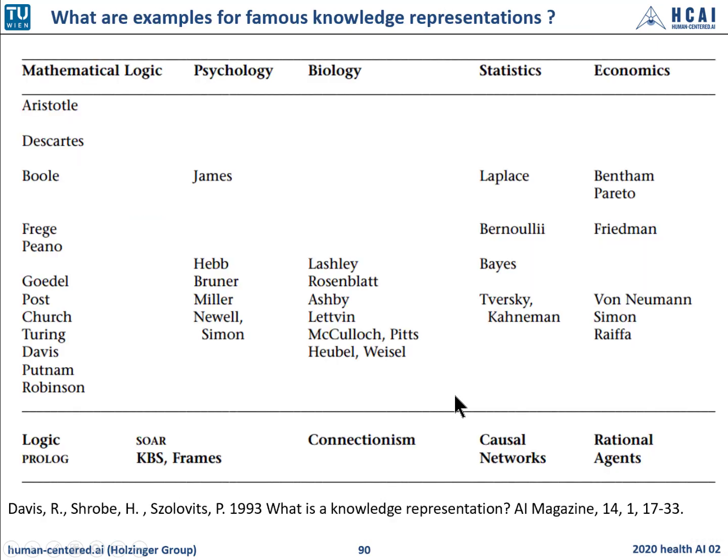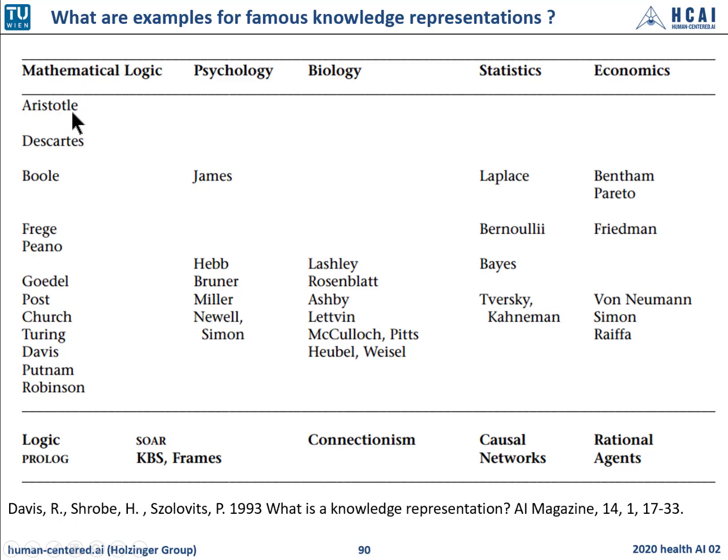So what are examples for famous knowledge representations? This is just an overview slide. This is, to be honest, an excellent table, and it shows you a good overview on different viewpoints. Here, for example, you have the McCulloch-Pitts, the foundation for deep learning. Hubel and Wiesel, this is a printing error here. This is the connectionist world in biology.